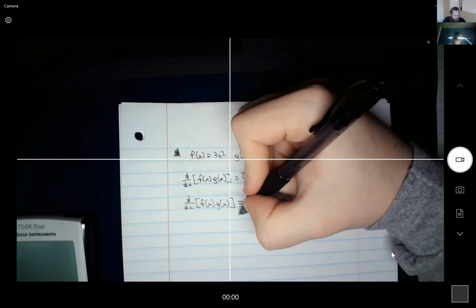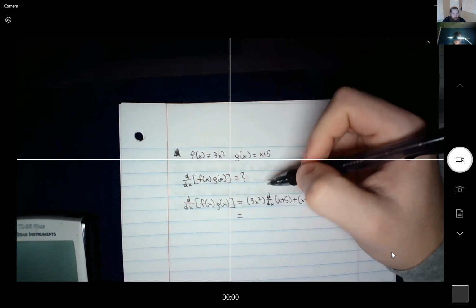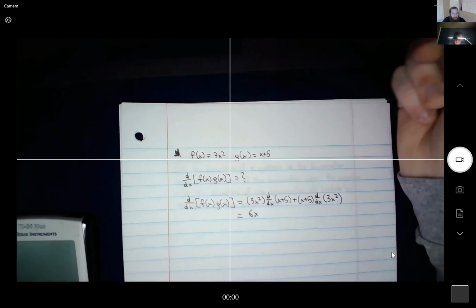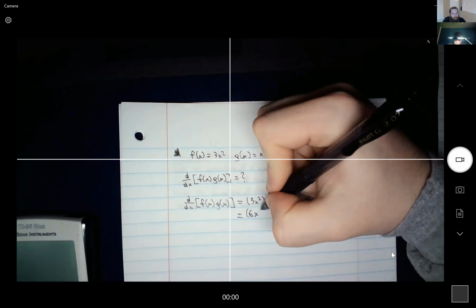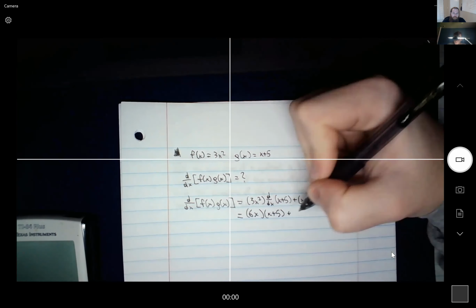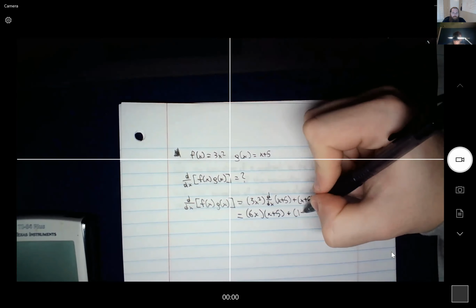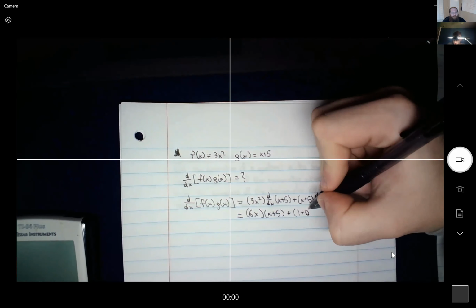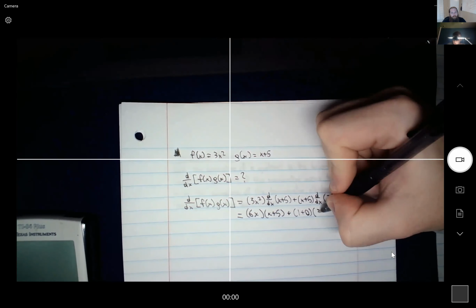So then we can take the derivative of 3x squared, which equals 6x, times x plus 5. The derivative of x is 1, the derivative of 5 is 0, and times 3x squared.